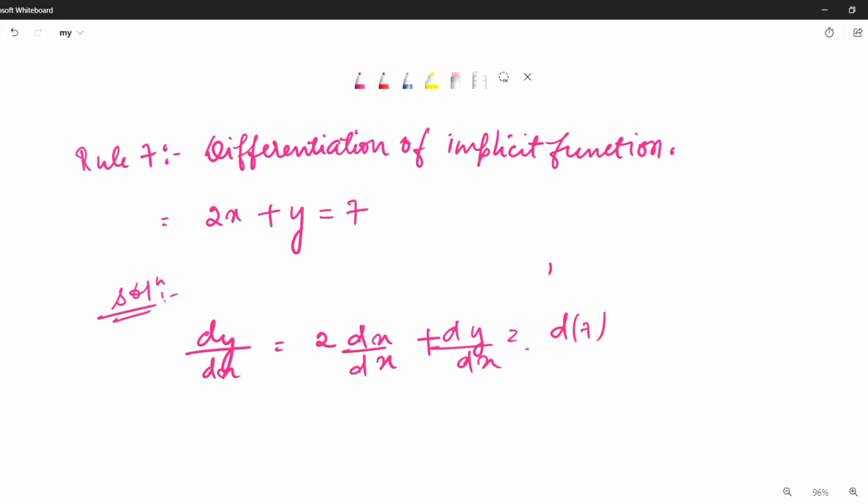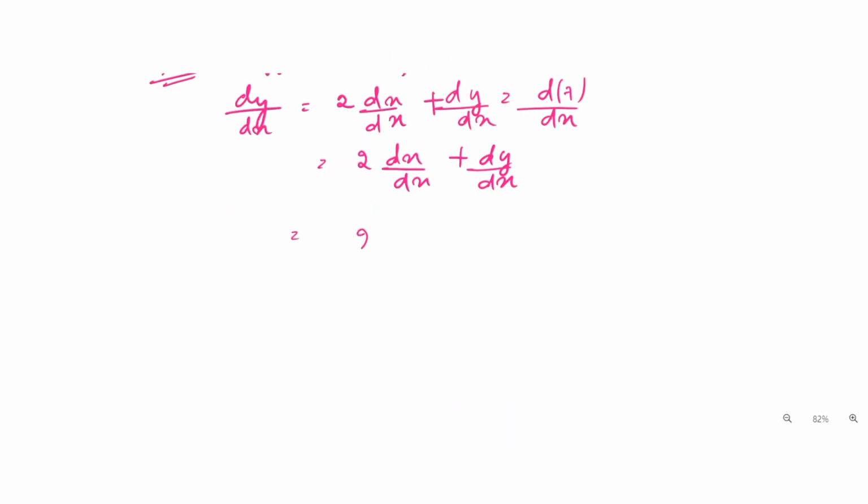So dy by dx equals differentiation of 7. 2 dx by dx plus dy by dx. Now dx will get cancelled, so 2 plus dy by dx equals 0, because 7 is constant. So the constant value will be 0. dy by dx equals minus 2.